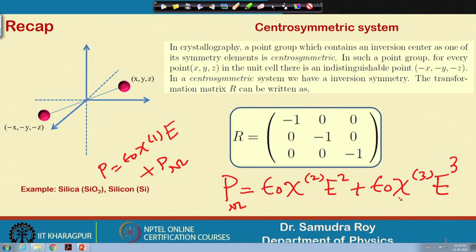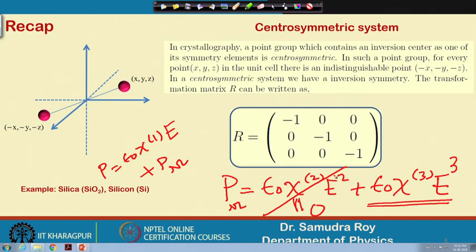In a centrosymmetric system, as already shown to you, this Chi2 term is 0. That means in the P nonlinear term we will never have these effects. So, what should be the expression of the nonlinear polarization? In this expression we find that Chi2 is 0, so it will start with the effect of Chi3.